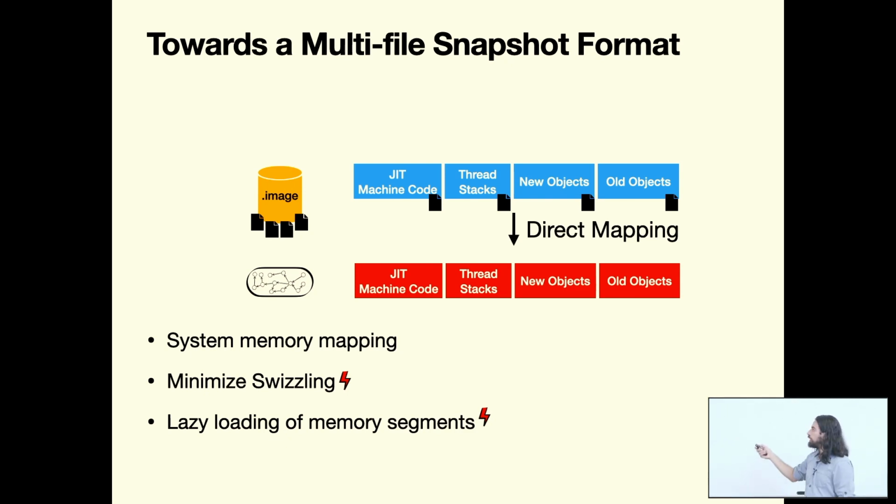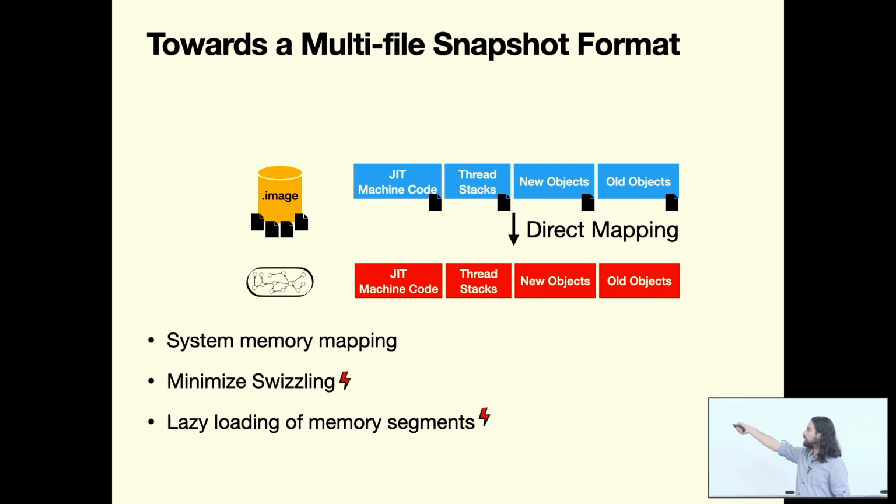So the other thing is that having these guys completely separate can allow us to do much more easily mmap, so memory mapping using the system interface, to actually not guarantee, but have higher guarantees that they will be allocated in the same space. And if they are not, then we can fall back to a slower mechanism.